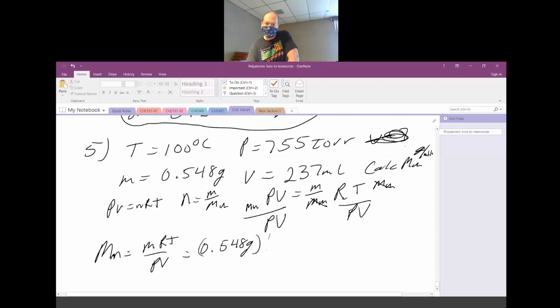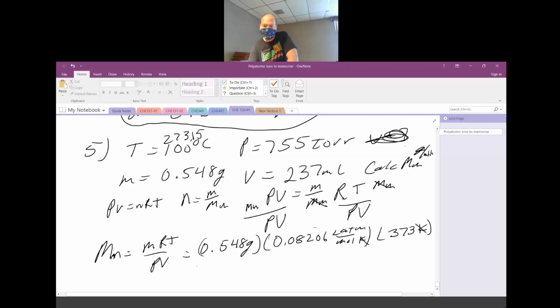R is always, for PV equals nRT, 0.08206 liter atmosphere per mole Kelvin. Temperature is always in Kelvin, so you add 273.15. You have 0 decimals in the 100, so you give your answer to 0 decimals. And so your temperature is 373 Kelvin. So Kelvin cancels Kelvin.